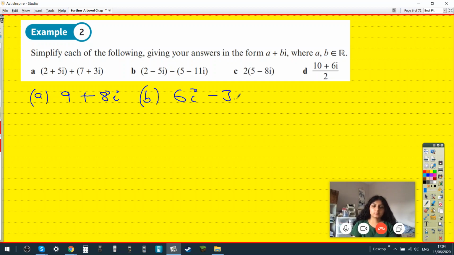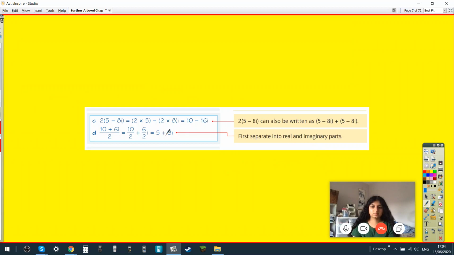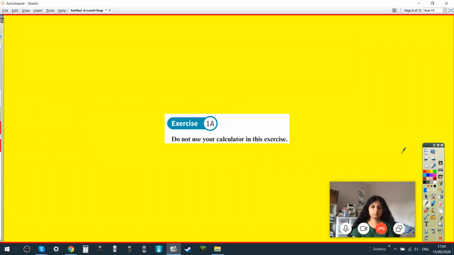Yep. And 10 minus 16i. 5 plus 3i. Looks good. They're all correct there. Do not use your calculator in this exercise.